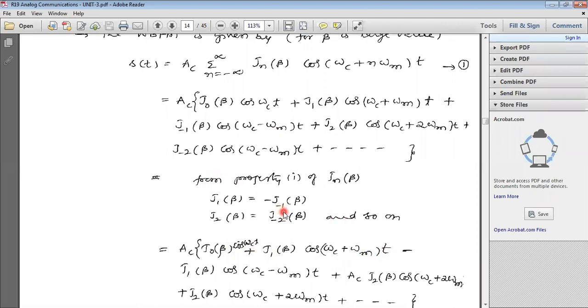Now, in place of J minus 1 (beta), you just substitute minus of J1 (beta) according to property 1.